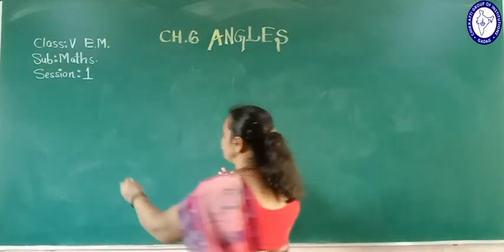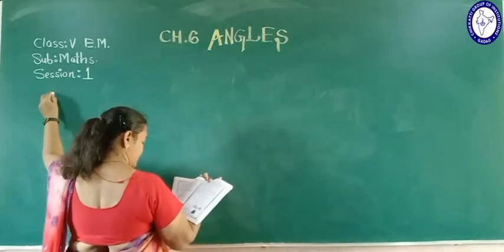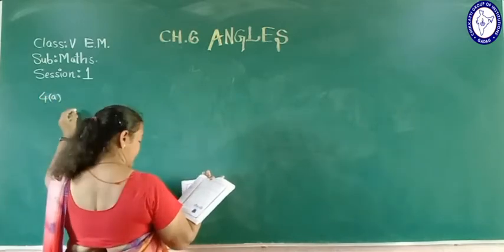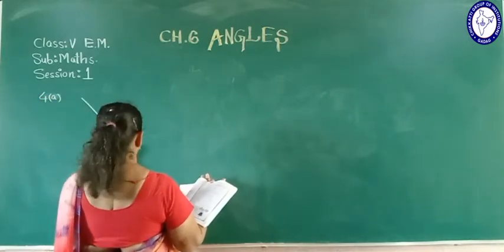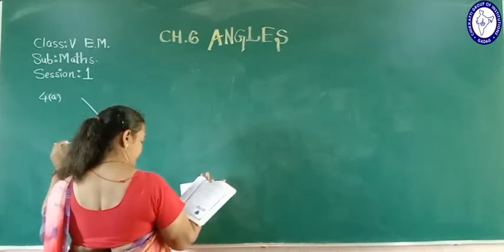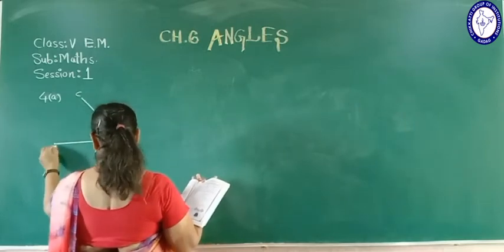So here the first figure is given, figure 1, named 4A. Here the angle is given, here it is C, D and E.